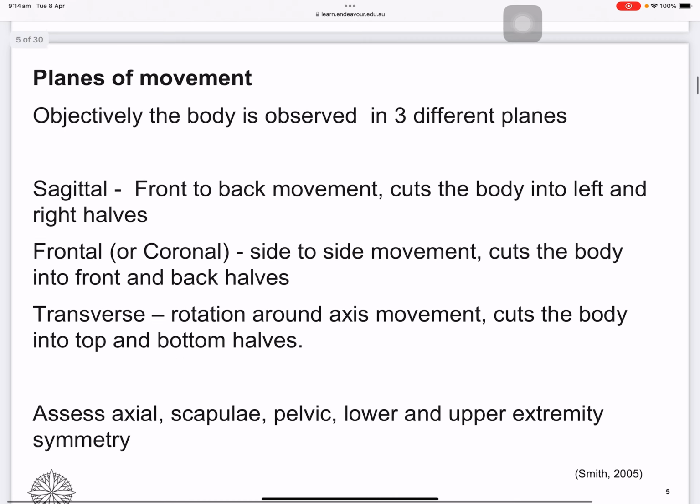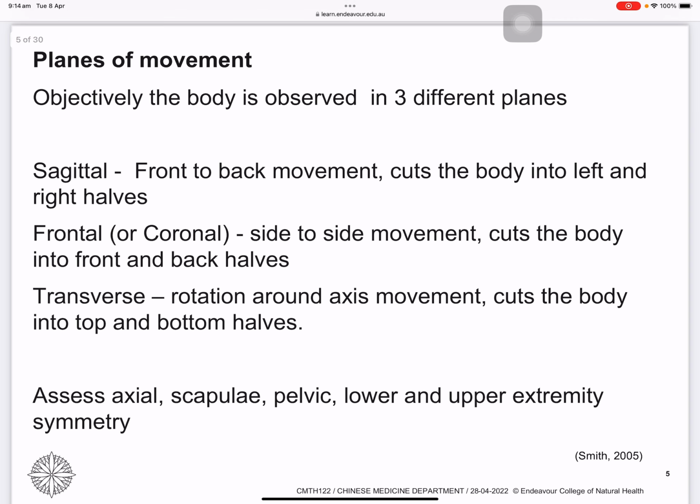Usually we divide the human body into three different planes, called sagittal, frontal, or transverse. I have a picture for you.